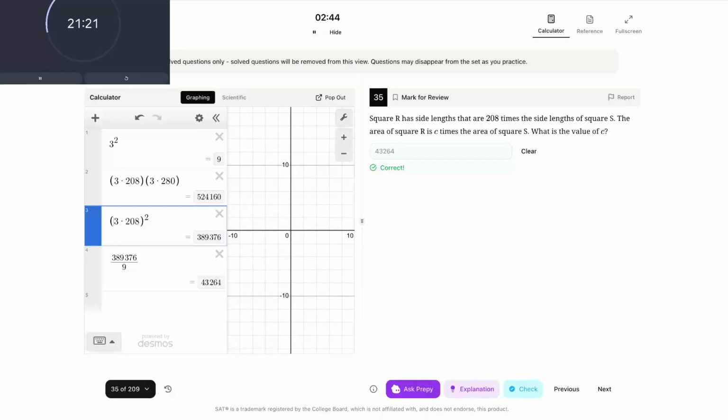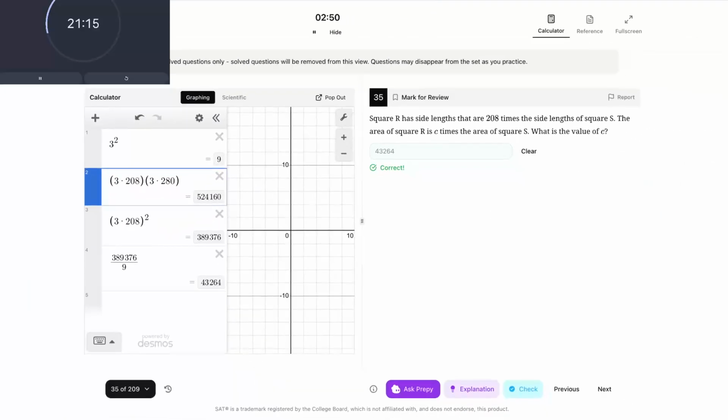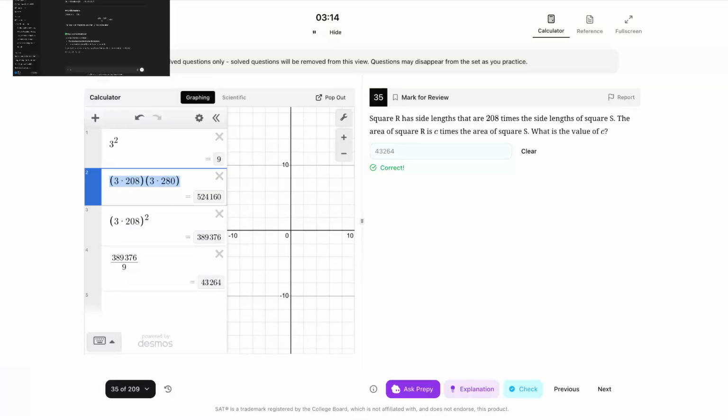This and this is basically this and this, unless I wrote something wrong. I don't think I'm tripping. It's 3 times 3, so this times this twice. I am confused. How is this different? Let me think real quick.